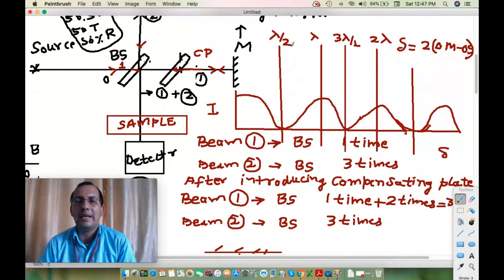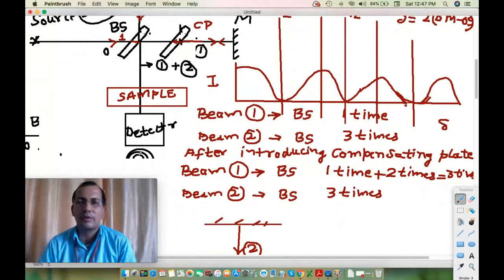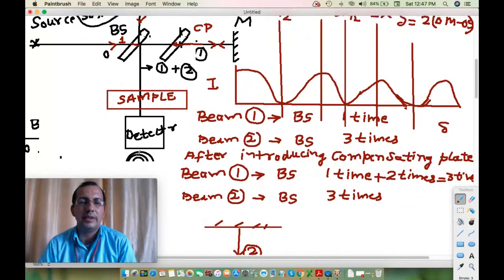So if you look at the details, when you move it, if the retardation is an integral multiple of lambda, in that case you would have constructive maxima. If it is a half integral multiple of lambda, or an odd multiple of lambda by 2, in that case it will be destructive interference. So you would have interference fringes, from where we will look at the material in this case.